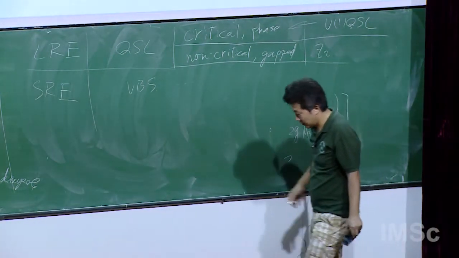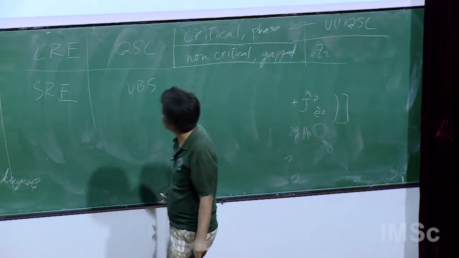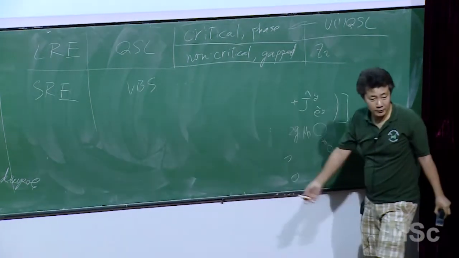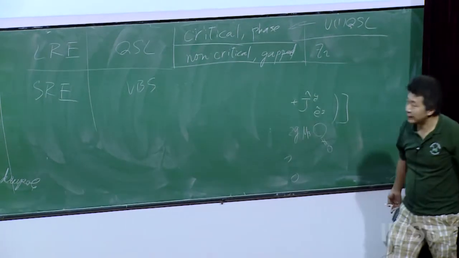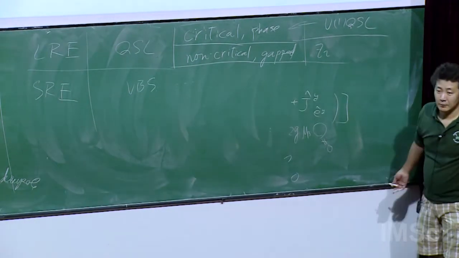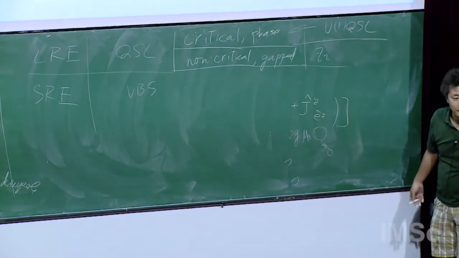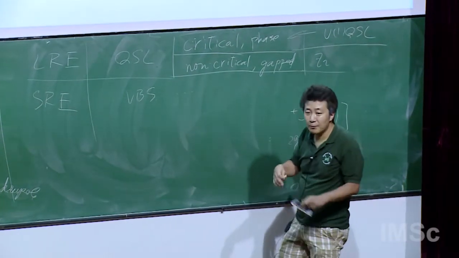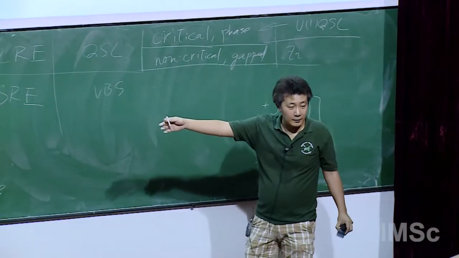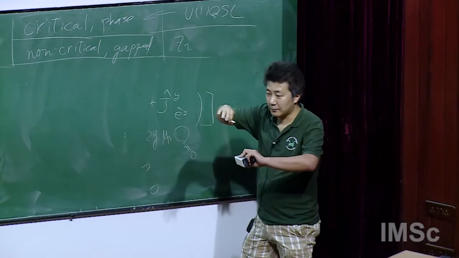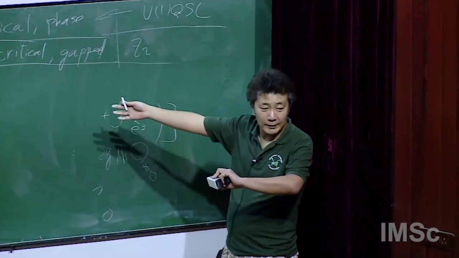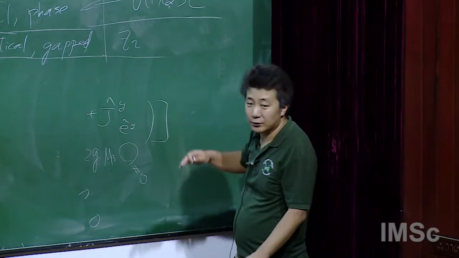Going back to the question, if we compute the long-range entanglement entropy, it should be extensive in this sense. And if you compute the correlation length associated with the entanglement spectrum, it should diverge.